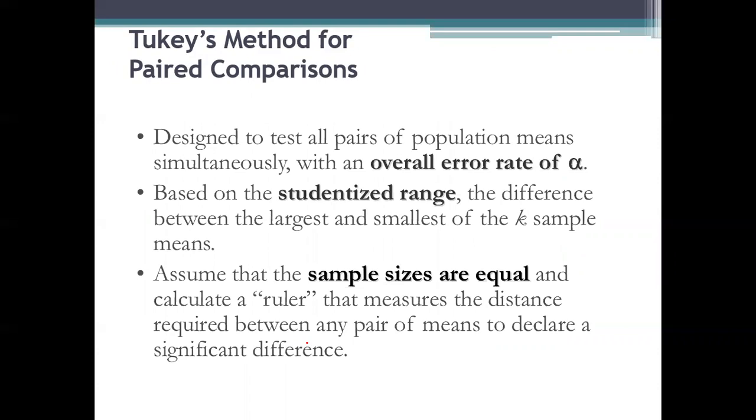It is the test for all pairs of population means with an overall error rate of alpha. Based on the studentized range, the difference between the largest and the smallest of K sample means. Assume that the sample sizes are equal and calculate a ruler that measures the distance required between any pair of means to declare a significant difference.